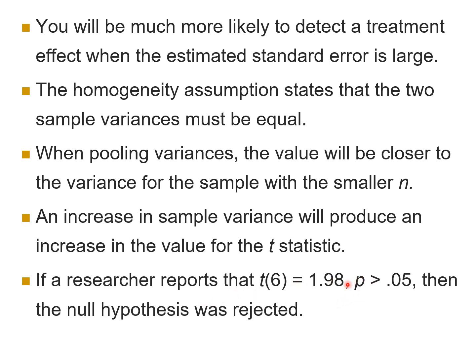So if this is reported this way, we say, no, null was not rejected. We can only conclude a significant difference if the probability is less than 0.5. Or if we choose the even more restrictive alpha, 0.01 or 0.001, the probability of type 1 error can't be larger than that. It has to be that or only smaller. So this, again, is false.